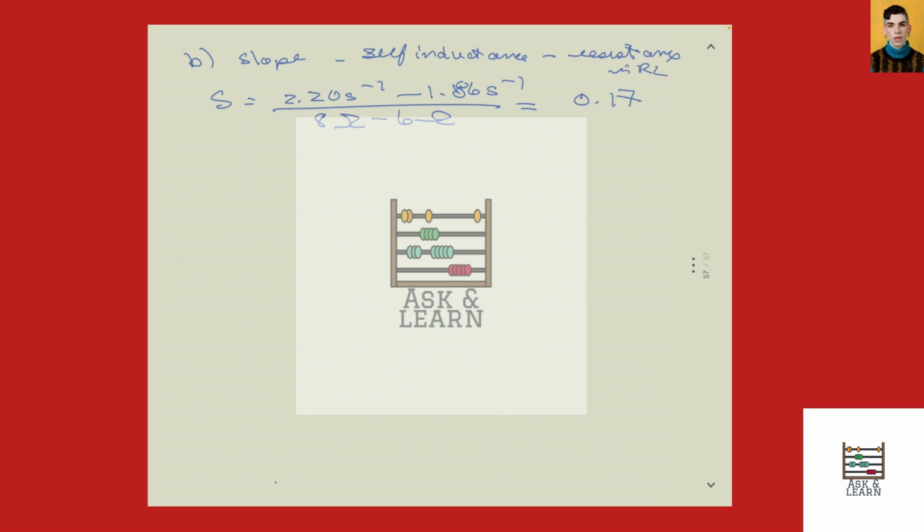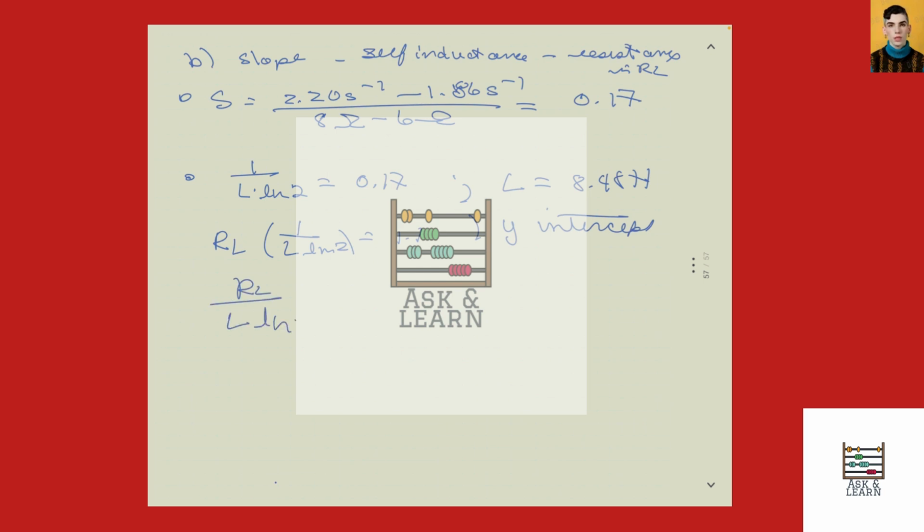Okay, so now the self-inductance will be 1 over L, ln of 2 equals 0.17. We can solve this. L equals 8.48. And then the curve in part A tells us that RL over L times the ln of 2 is the y-intercept, 1.1 s to the minus 1.